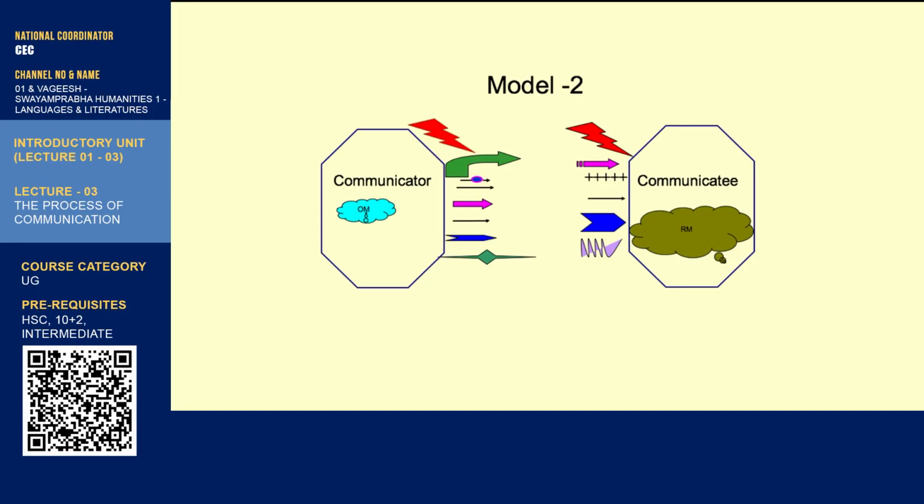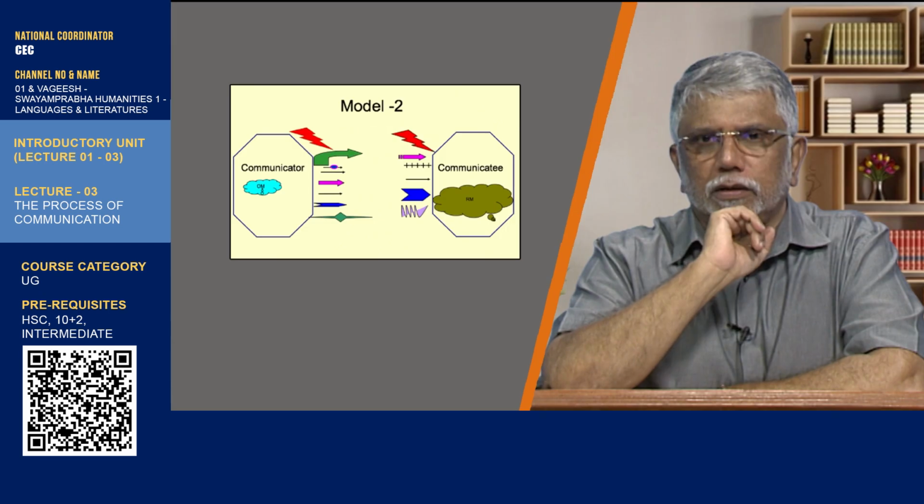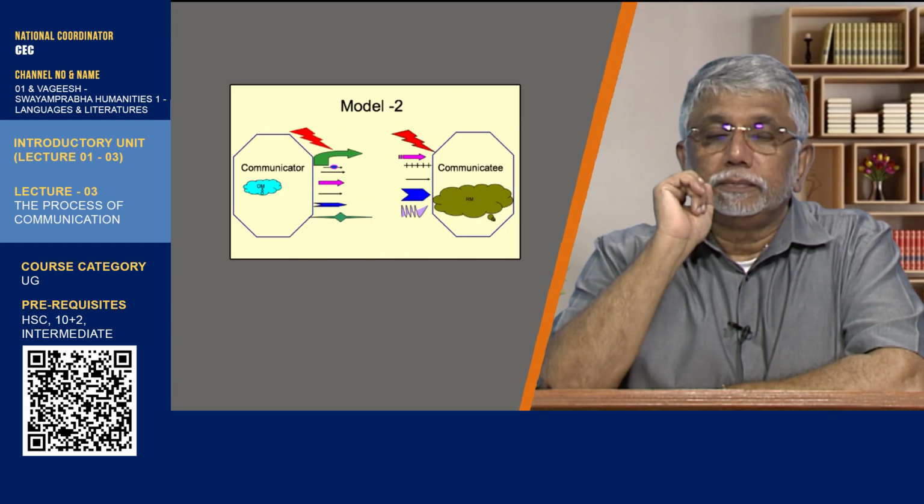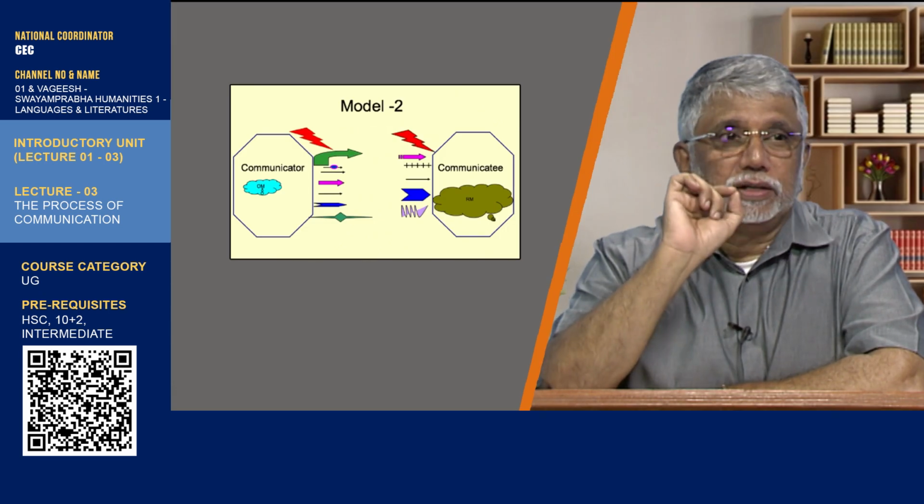Diagram 2 is actually a modified version of diagram 1. It has the same elements and it adheres more or less to the process explained earlier. However, there are some differences.